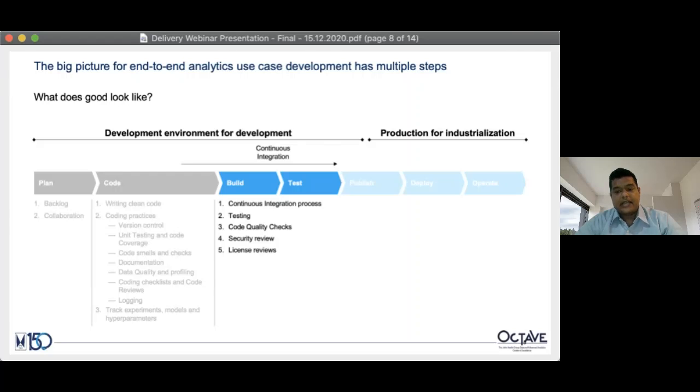Sometimes you define a value at the beginning of the planning stage, but when you iteratively run it with the actual data sets, you come across situations where the value needs to be adjusted, and you have to go back to the business and explain it. But overall, in terms of building, we use Azure DevOps pipelines from end to end.